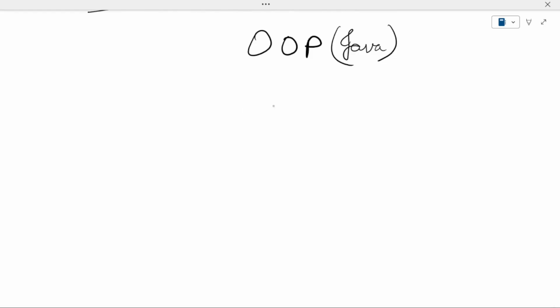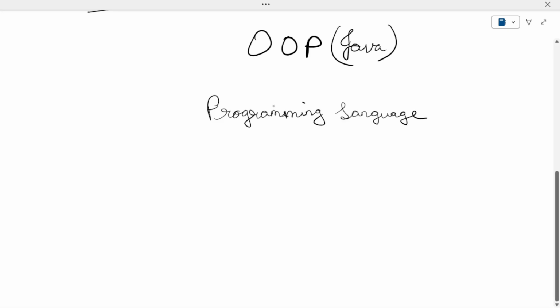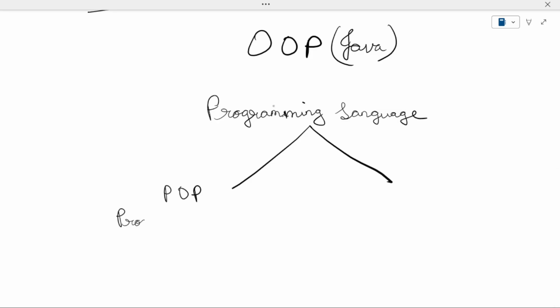Computer language or programming language is basically divided into two parts, which are procedure oriented programming language and object oriented.